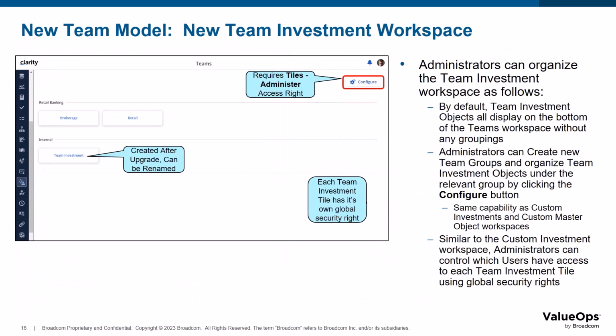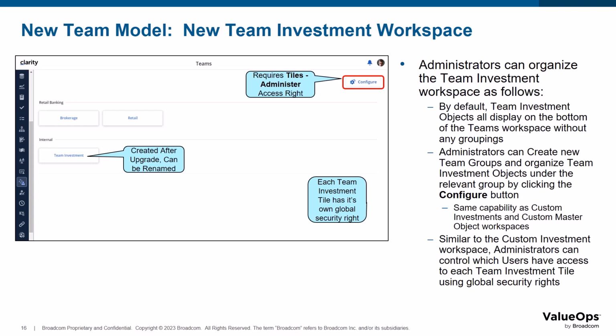Let's take a closer look at the new team investment workspace. Similar to the custom investment workspace, administrators will have the capability to create tile groups and reorder their tiles. You just need the tiles administrator access right to have that capability. Immediately after upgrade, all customers will receive the new team investment object, and it will show up at the bottom of this workspace in an ungrouped section.